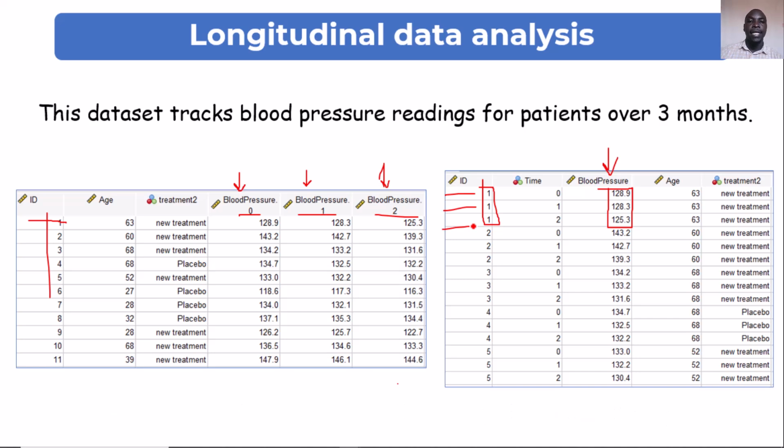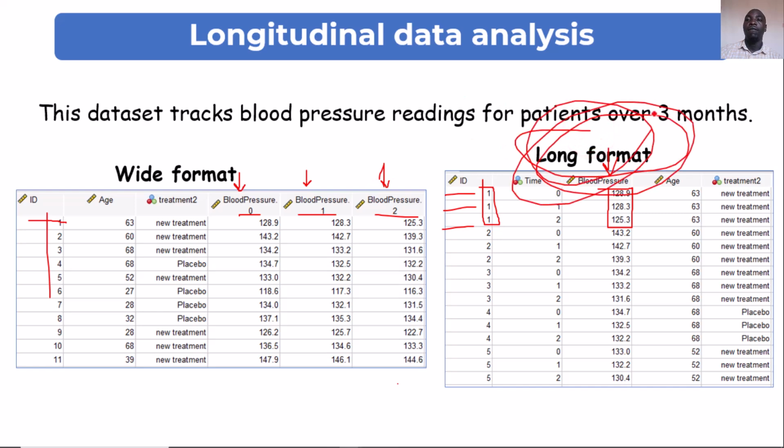So the first type of data presentation is what we are calling the wide data, whereas the second format is the long format of data. For you to analyze longitudinal data in SPSS, you need your data to be in the long format.